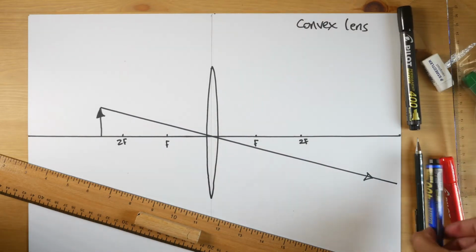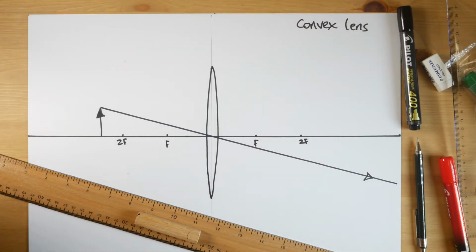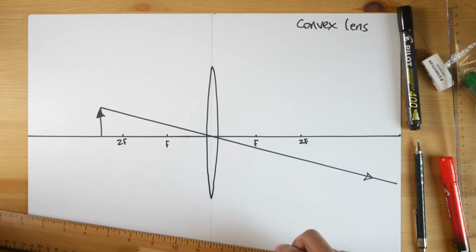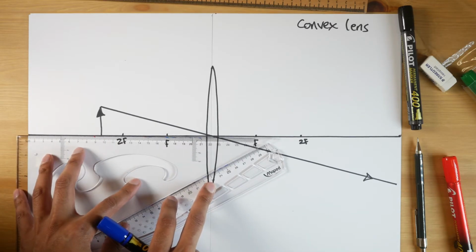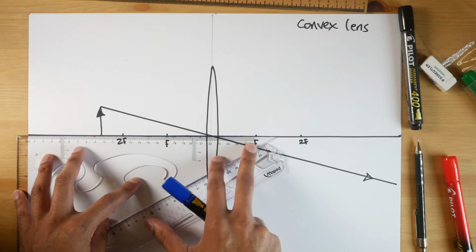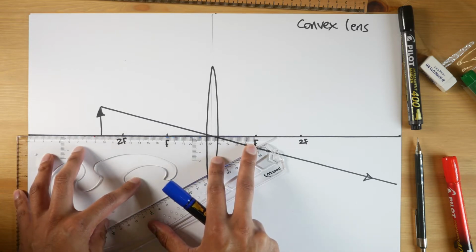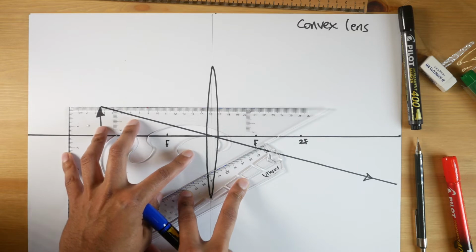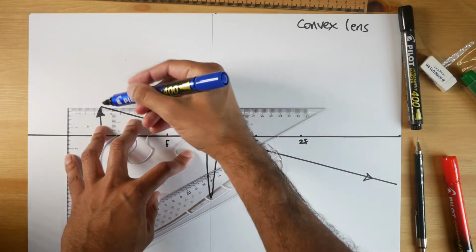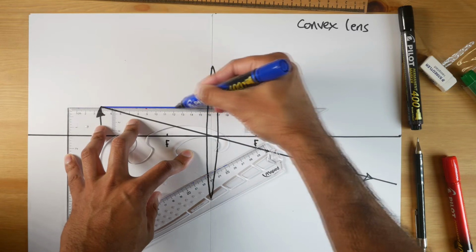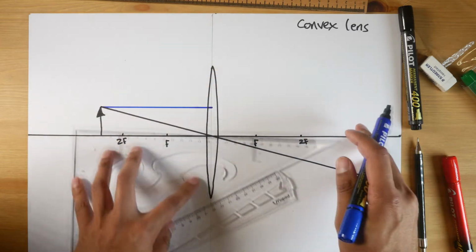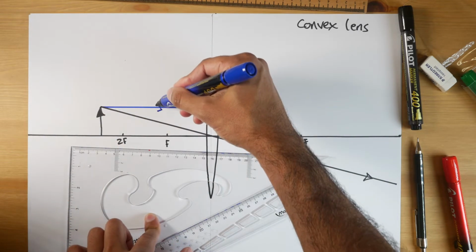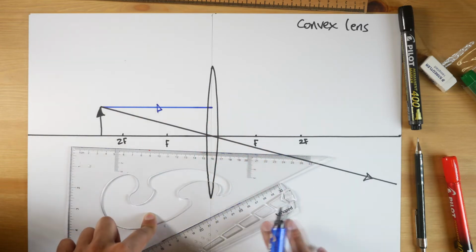So I'm going to draw another light ray. This time it's going to go parallel to the optical axis. Okay, so that's parallel to the optical axis. Put my ruler against it and I just slide it over like so. And I want to take this beam of light to the middle of the actual lens.